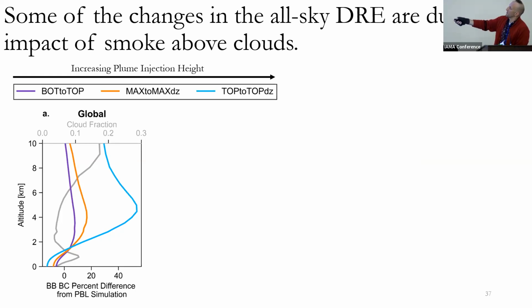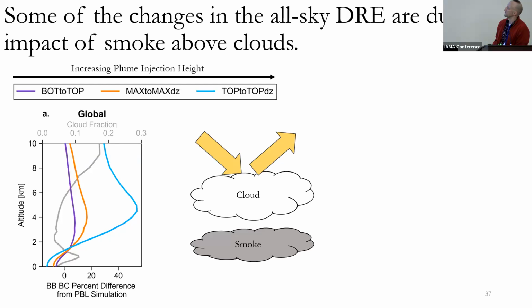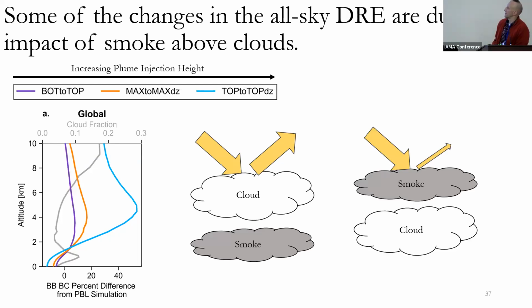And so by shifting to increasing our plume injection height, this is just relative to the surface case, how much extra biomass burning black carbon do you get? And so by shifting your plume injection height more, you're putting black carbon above the low clouds, which is allowing for a warming effect from that. So we're going from a case where almost all the smoke is below all the clouds to cases where now we're allowing smoke that's somewhat absorbing to be above clouds, which is dampening the effect of smoke cooling.